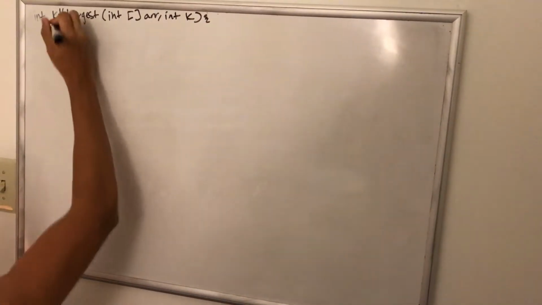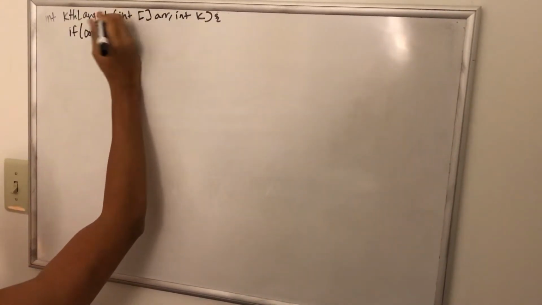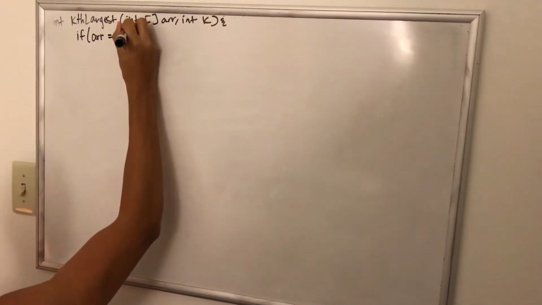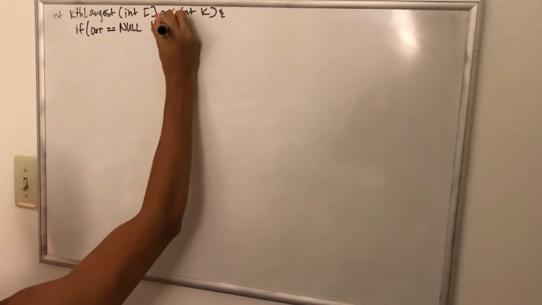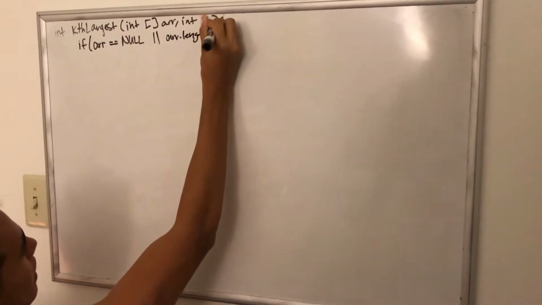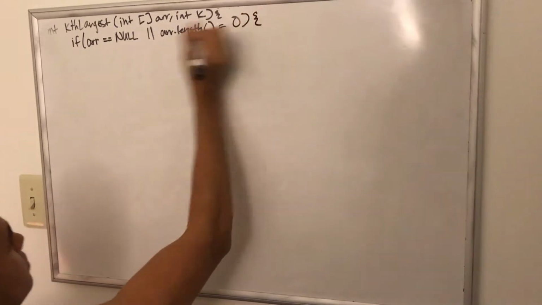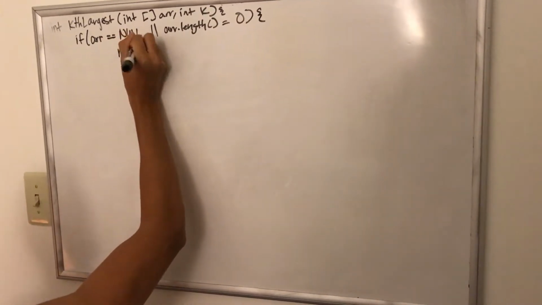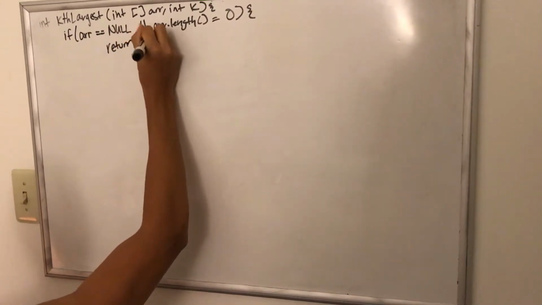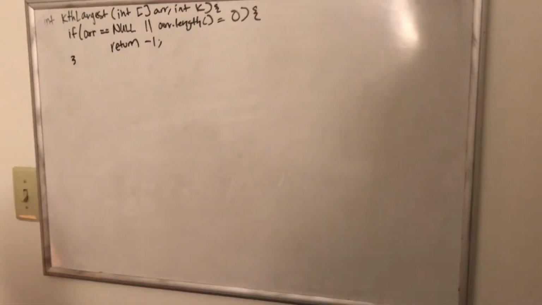The first thing I would do is the checks. So if array equals null or array.length equals 0, then you can just return -1, because that means the array is empty or null. Okay, so that handles those cases.